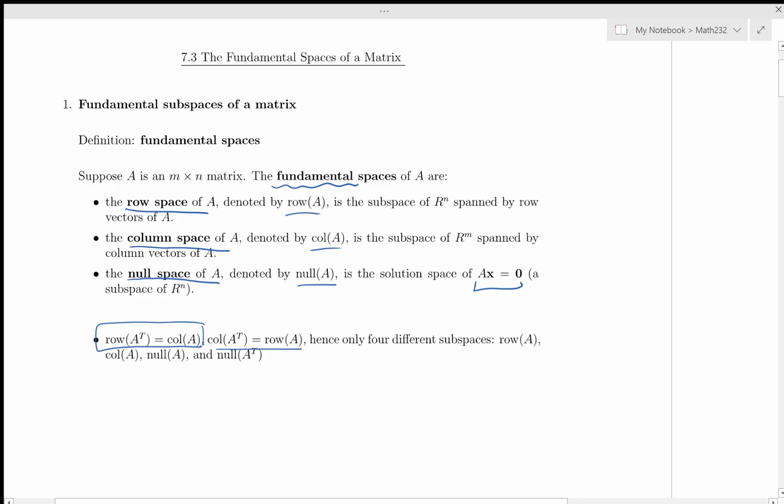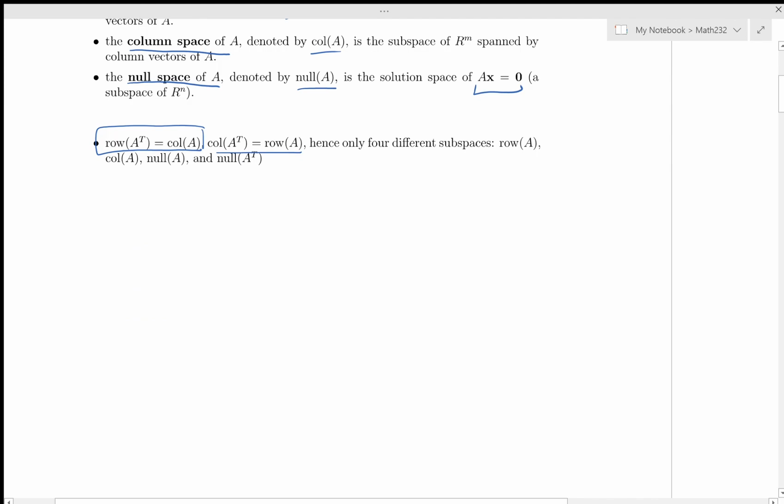So let's look at a matrix and list out what these things are, by way of an example. We're going to take an m by n matrix A, where m equals 4 and n equals 3. Let's not make it square, just so we can get a sense of what's coming.